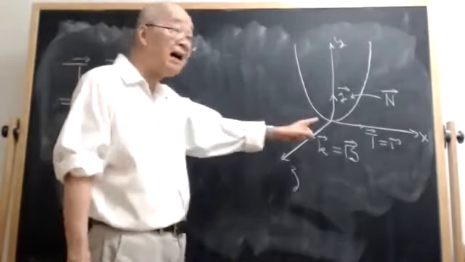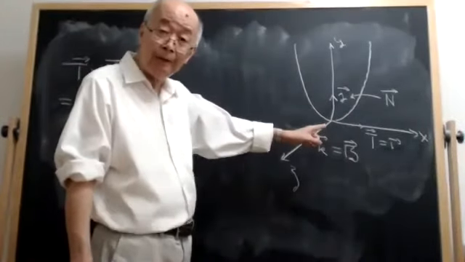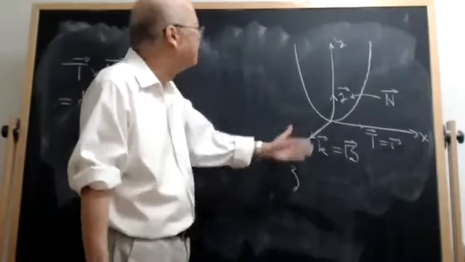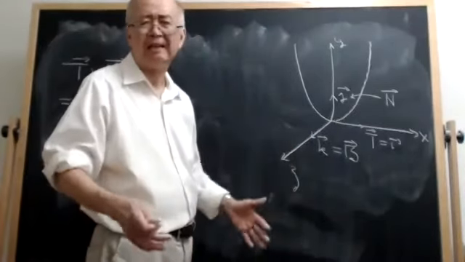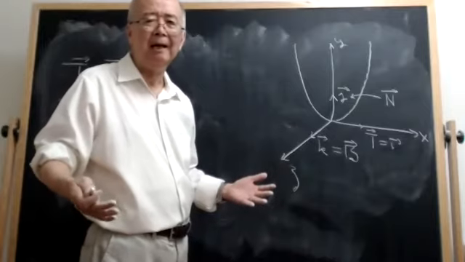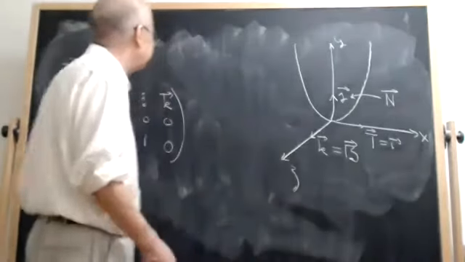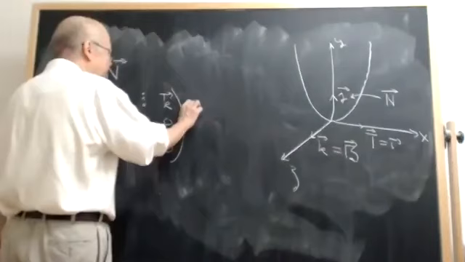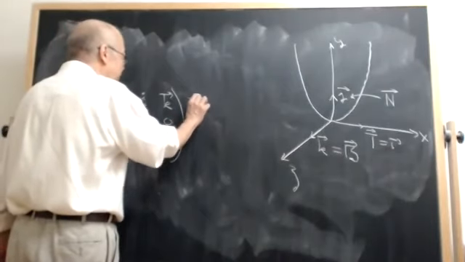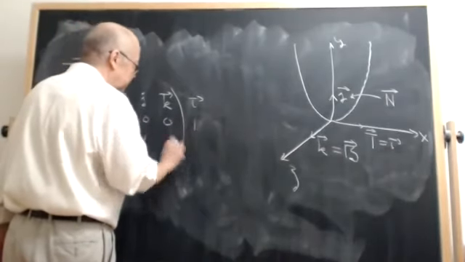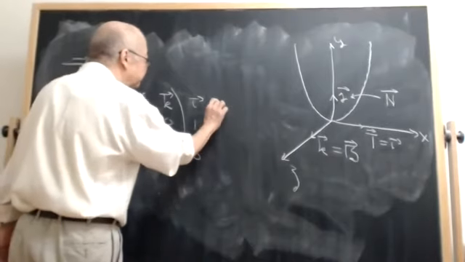So it's quite counterintuitive. You see that a normal plane is not something like a perpendicular plane.